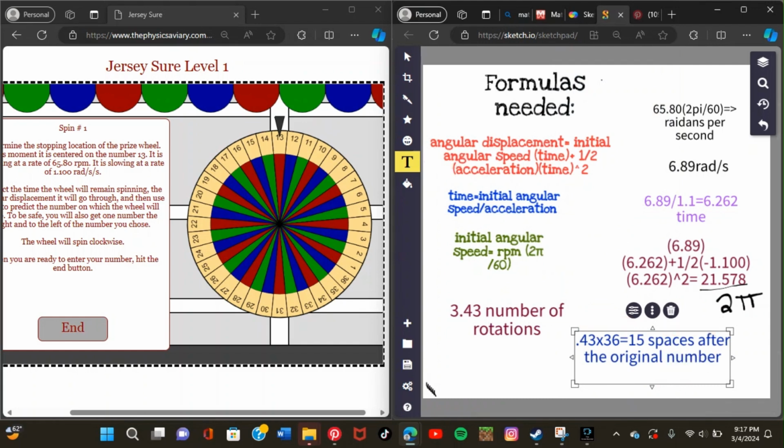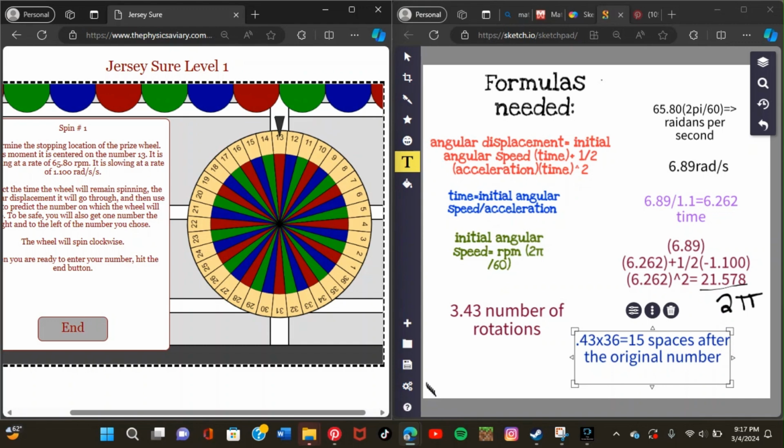So we just go counterclockwise, or no, clockwise 15 spaces after the original number. So 13, 1, 2, 3, 4, 5, 6, 7, 8, 9, 10, 11, oops, sorry, wait, clockwise.